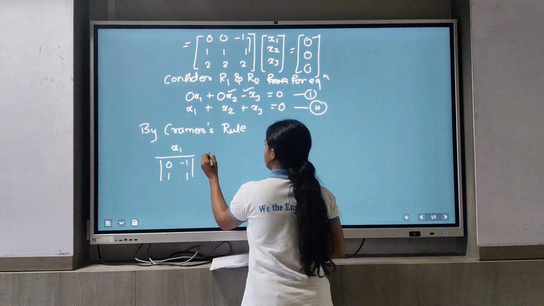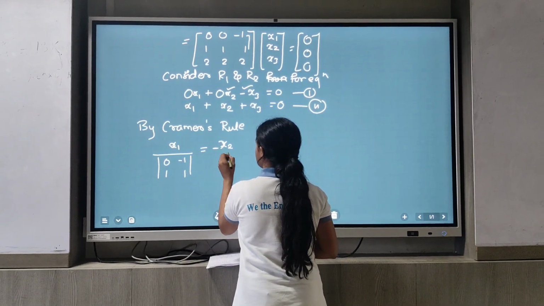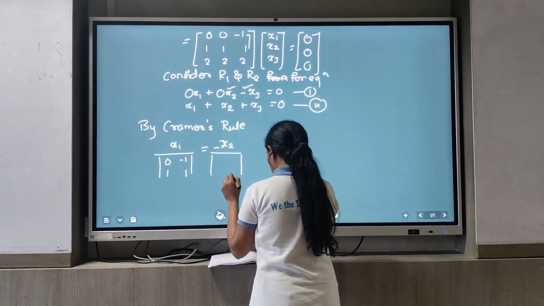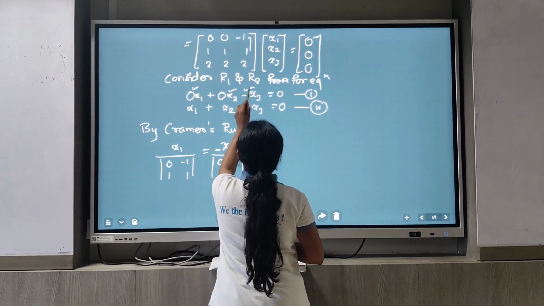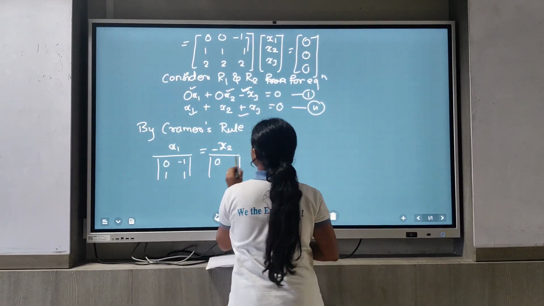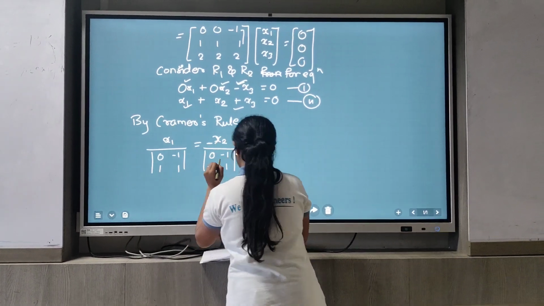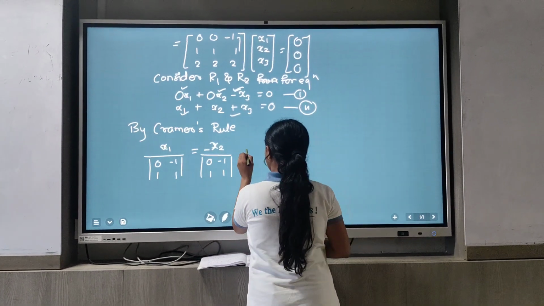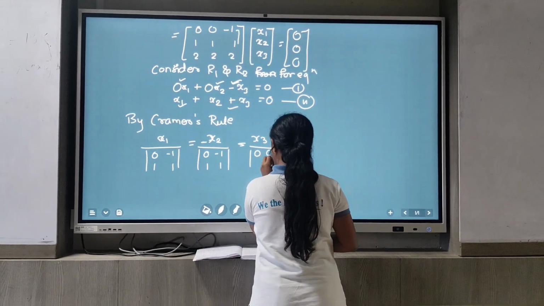For x2 we take 0, minus 1, 1, 1. For x3 we take 0, 0, 1, 1.